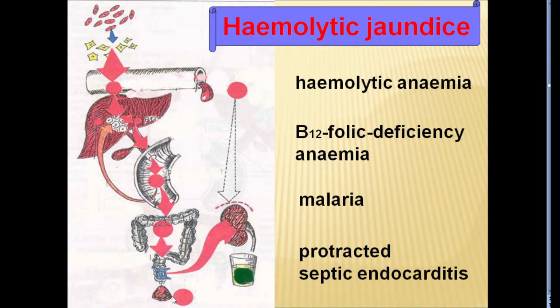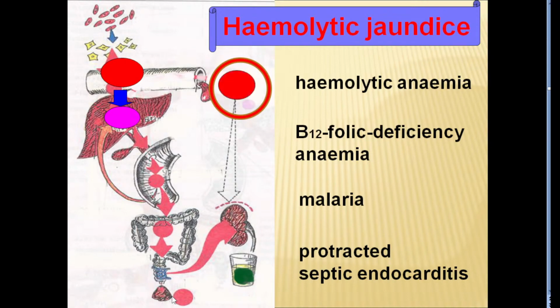Due to intensive destruction of erythrocytes, blood is overfilled with unbound bilirubin, which enters into the liver and exceeds the usual activity of hepatocytes. As a result, blood is overfilled with bilirubin, especially its unbound form.